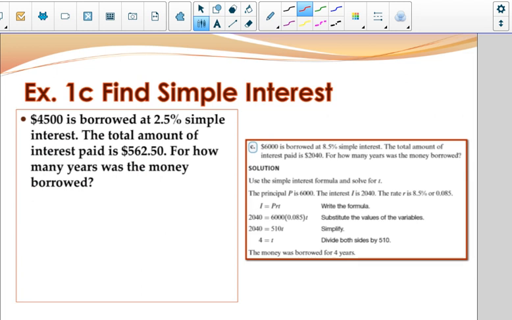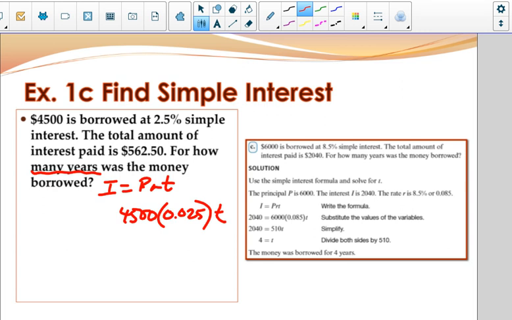1C, this one we're trying to find how many years the money was borrowed. So you're going to use the same formula, but instead of finding the I, we're going to find the T. So I equals PRT. The initial amount, your principal amount, is $4,500. They're going to pay you at 2.5%, so that's 0.025.